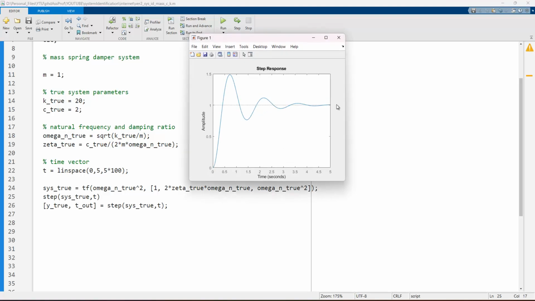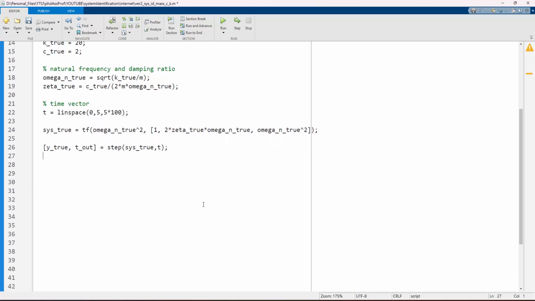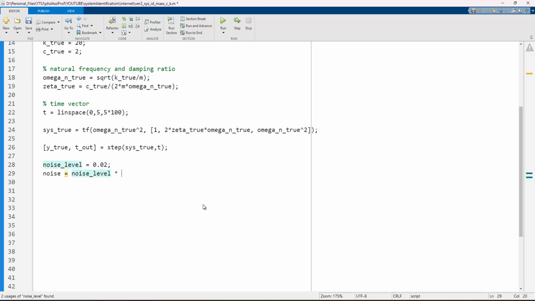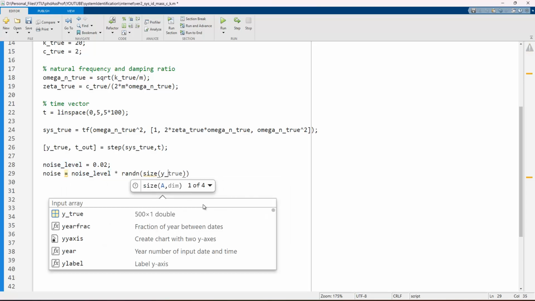Okay, and so if I run this code, we will have our step response just like this one. Okay, this is our measured data, but in the measured data there will always be noise. So in order to add the noise, the noise level is equal to 0.02, and the noise values are the noise level times randn of size of y true.